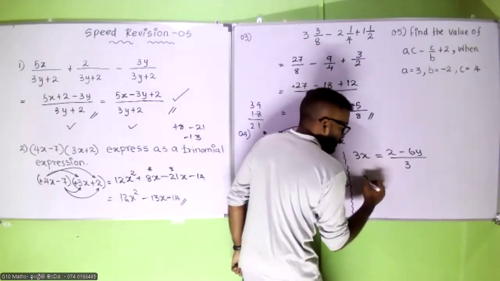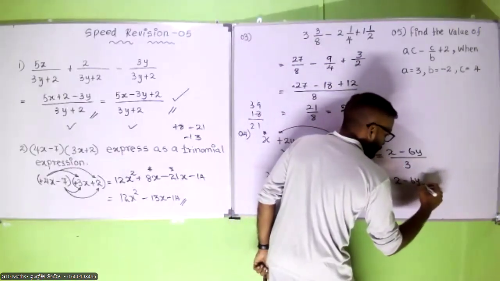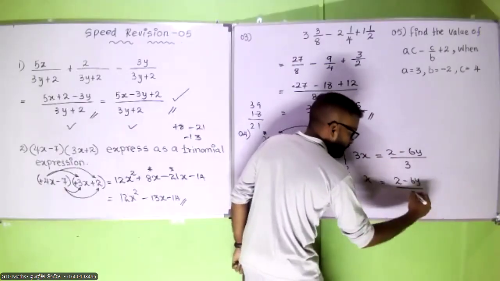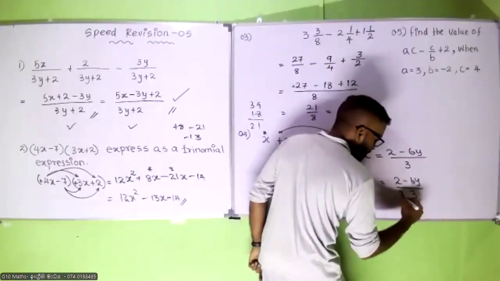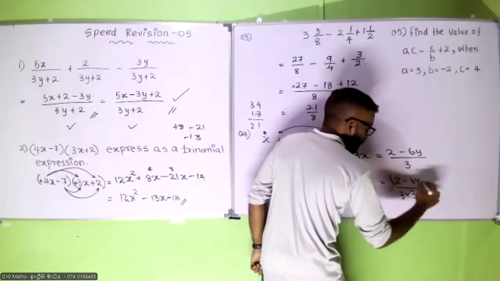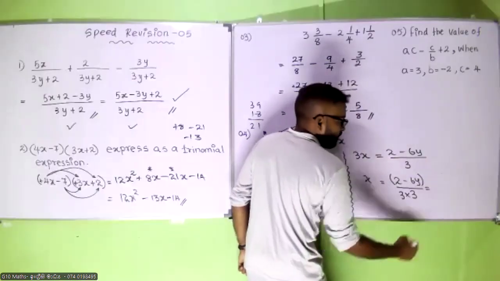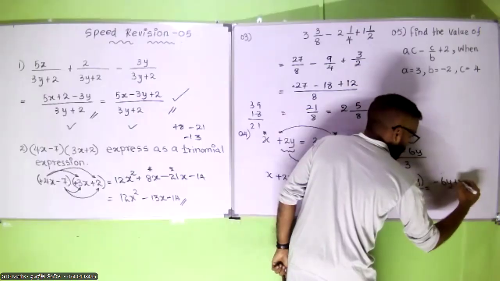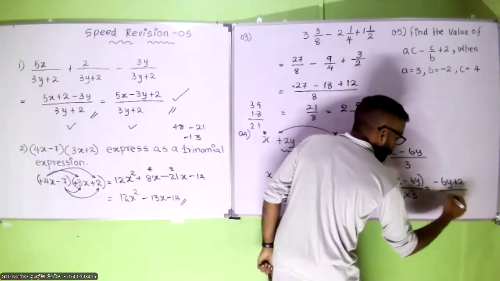Right? So x equals 2 minus 6y divided by, here you have 3 and this 3 comes to the denominator as well. So the final answer would be minus 6y plus 2 divided by 3 times 3, 9.